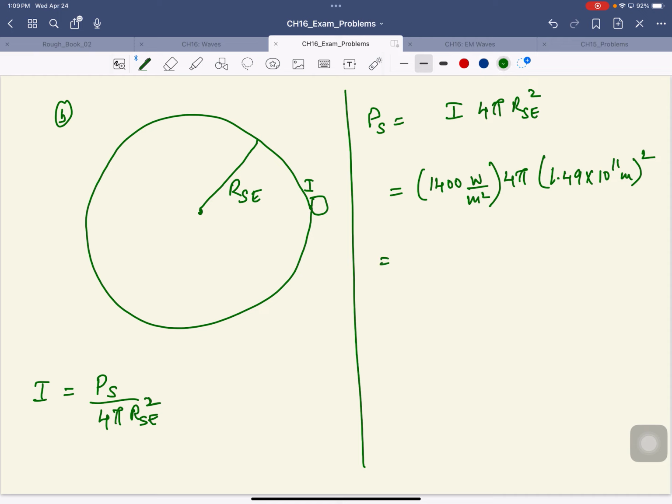So this works out to, okay, let's take care of powers. So 10 to the 22, and 3, 25. 1.4, and this is power, so it'll work out in watts, times 4 pi times 1.49 squared.